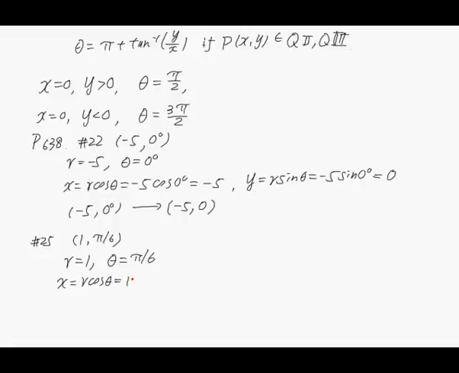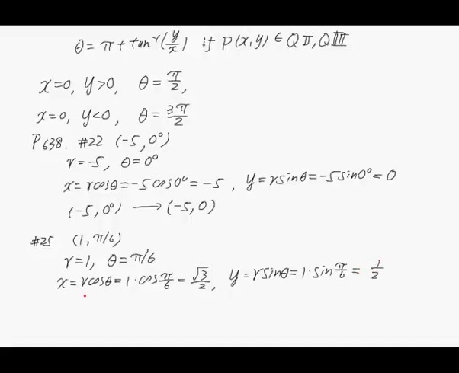So it's 1 times cosine of pi over 6, and this is equal to root of 3 over 2. And then y is equal to r times sine theta, and this is equal to 1 times sine of pi over 6. So this is equal to 1/2.